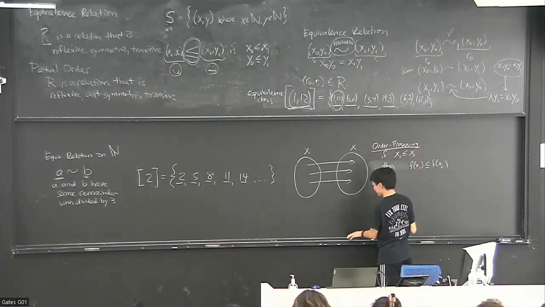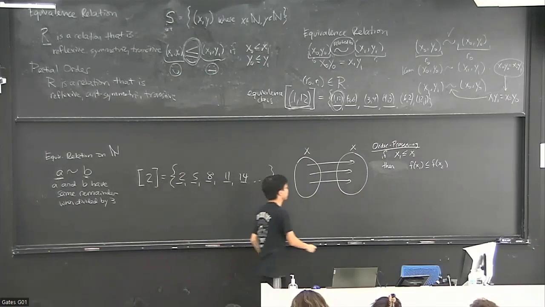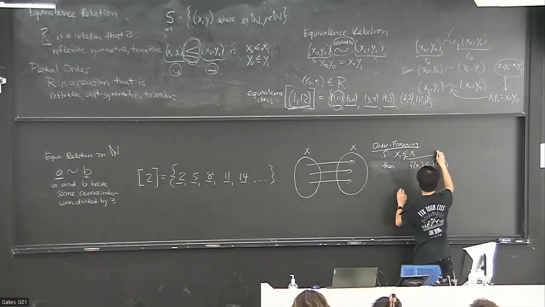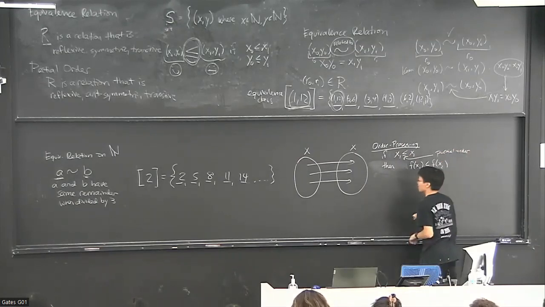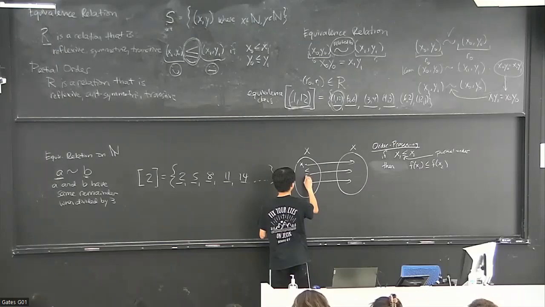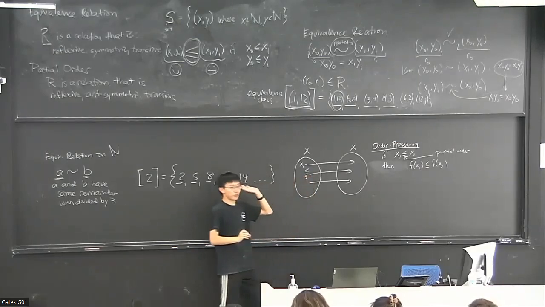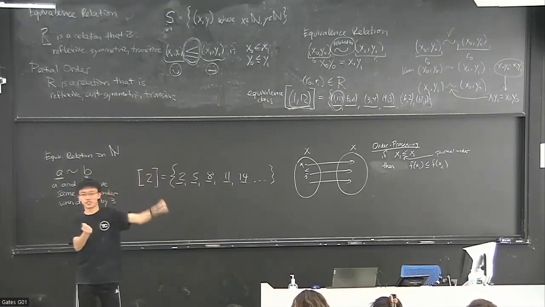What this means is, if you have a partial order, and this x1 is less than or equal to this x2, then when you map it over the function, the outputs are also less than or equal to.